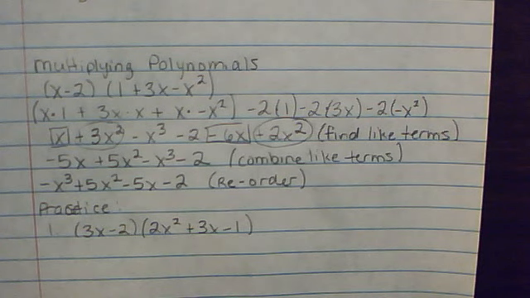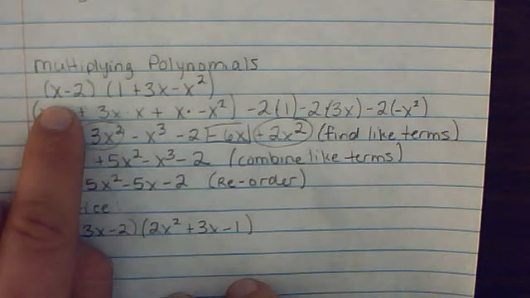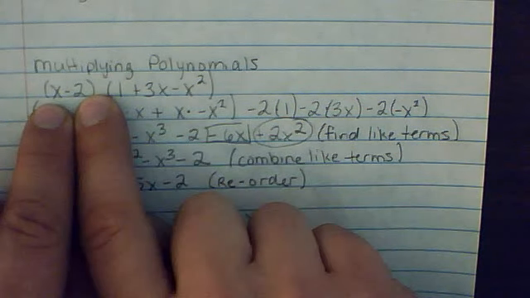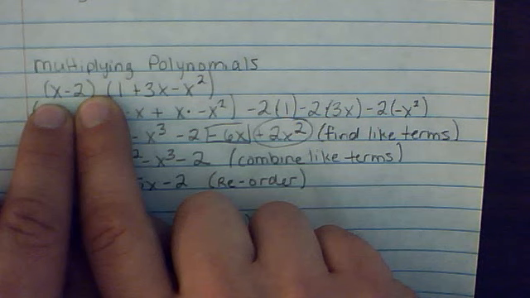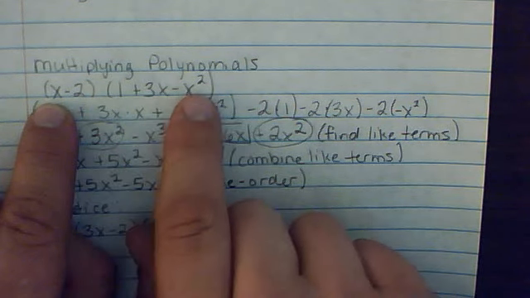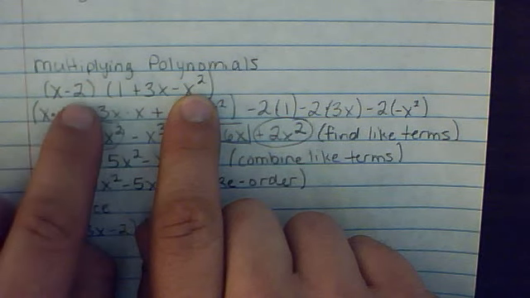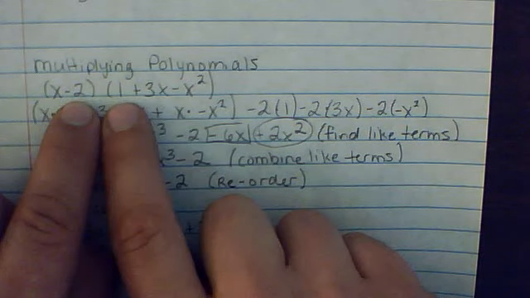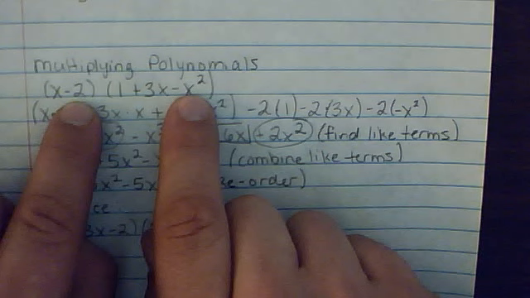Okay, you're back. So now, all I did here was distribute each one of these values inside this first parentheses. I multiply x by 1, 3x, and negative x squared, and then I multiply negative 2 by 1, 3x, and negative x squared.